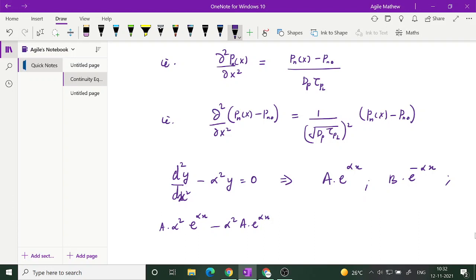So you see that they are exactly cancelling each other, and the result is 0. Similarly, if I take the second solution, you can pull b out and take the derivative with respect to x two times, so you will get minus alpha two times, giving minus alpha square into b e raised to minus alpha x. So you see that these two are satisfying solutions.